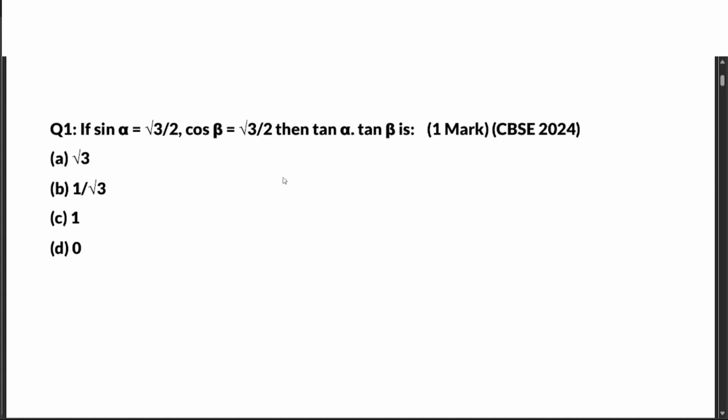So you know that sine alpha is given as root 3 over 2, and cos beta is given as root 3 over 2. First write the information you get in the question.